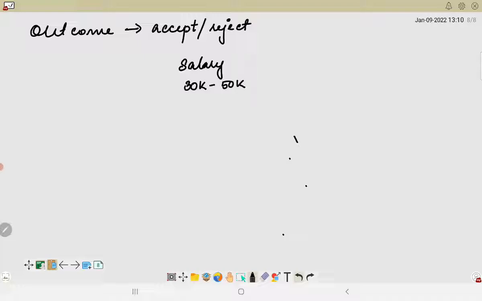So this is a condition which is associated with it. If the salary is between 30k to 50k, then this particular decision will have either a yes or a no. So if the salary is between 30k to 50k, we will go to a different subtree, and if it is not, then we will be going to a different subtree.